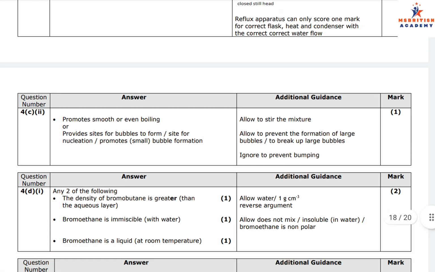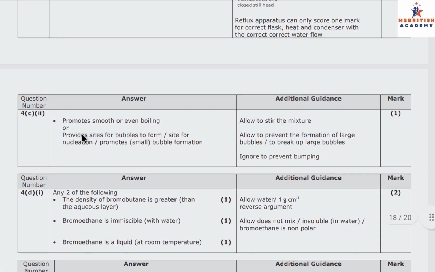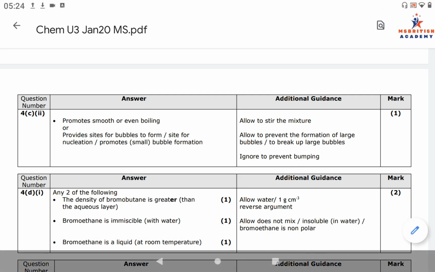They promote smooth or even boiling, or provide sites for bubbles to form. Sites for nucleation promote small bubble formation. Okay, you can write one of these. You can write promote small bubble formation or sites for nucleation. You can write any of these.